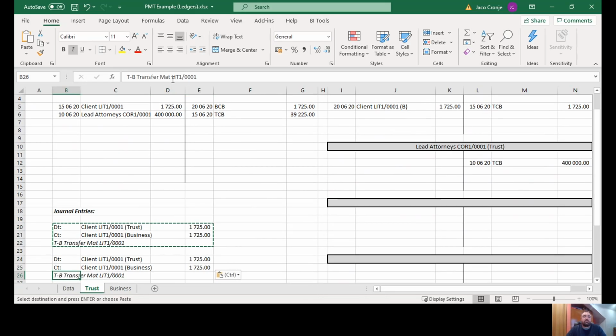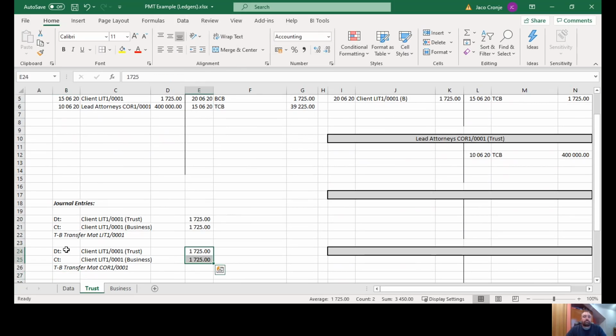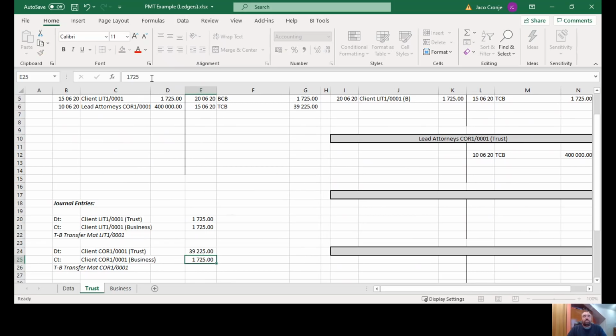So this is my trust to business transfer on matter COR11. My client is COR. And the amount is 39,225 that I transferred.